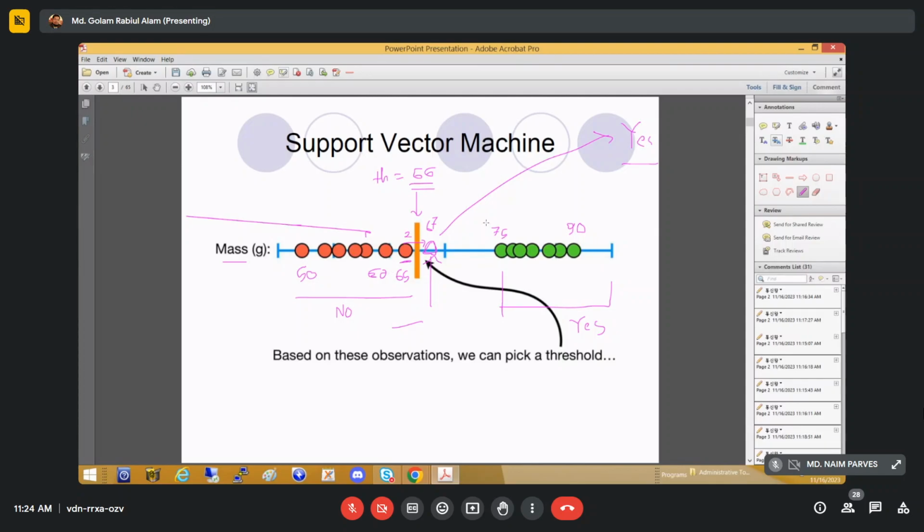But if we want to find out the distance from the obese people, like from this one, the weight difference in this case, you can say 5, 6, 7, 8. So that means a total 8 difference here.